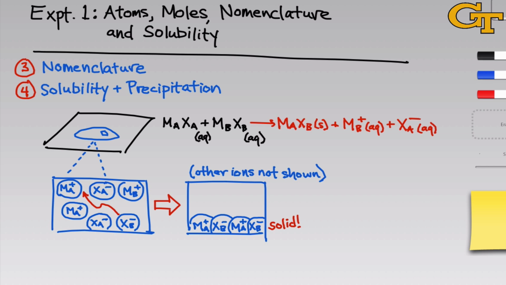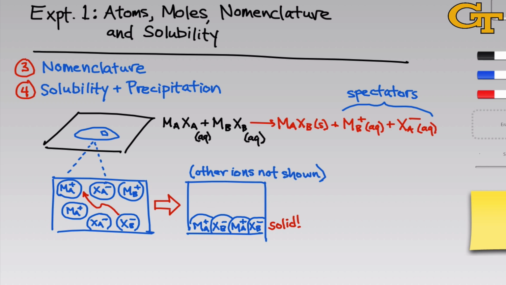Now, if you think about how MaXa and MbXb, the reactants, are really behaving in aqueous solution before the reaction takes place, you'll notice that really Mb plus hasn't done anything and Xa minus hasn't done anything in the course of this process.